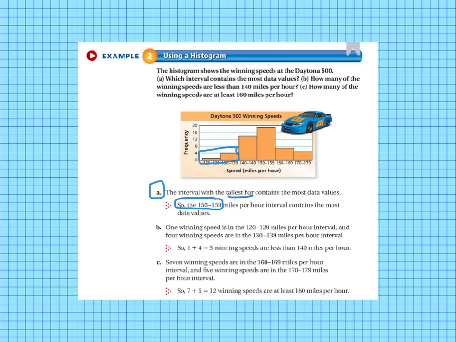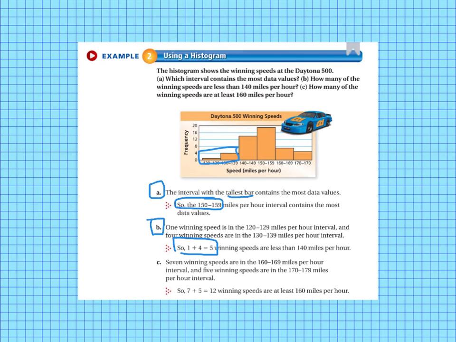So 1 plus 4 equals 5. So really we're just counting up the speeds in the intervals below 140. So that would be our step for example 2B.